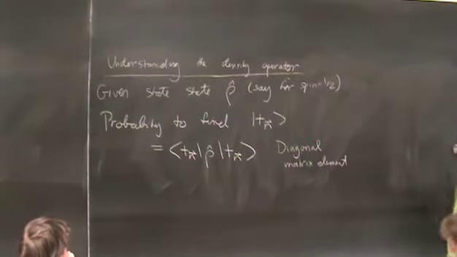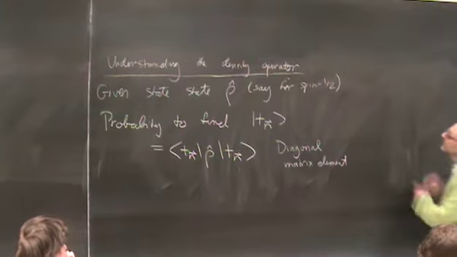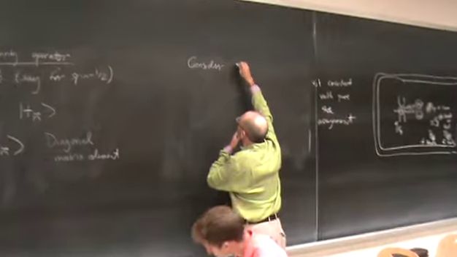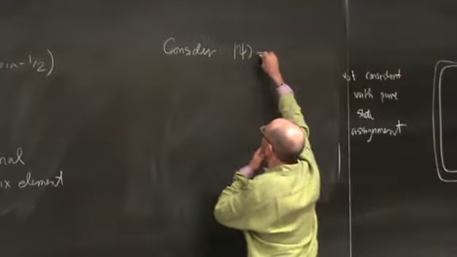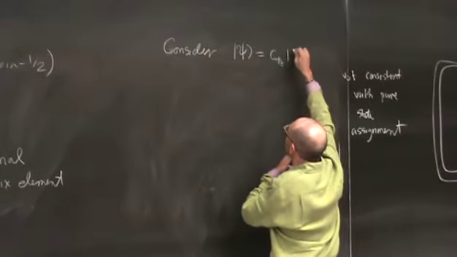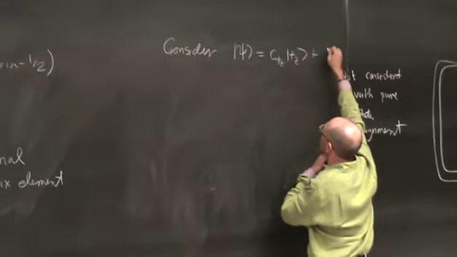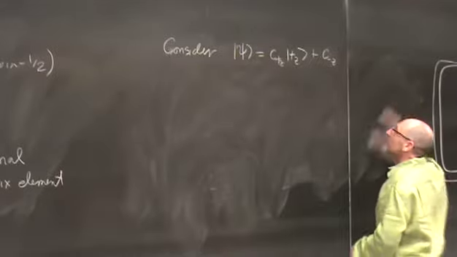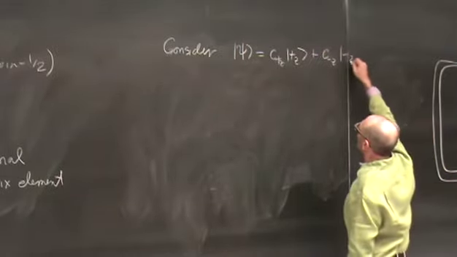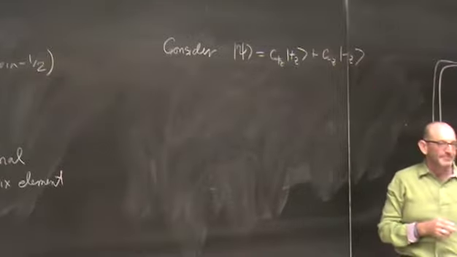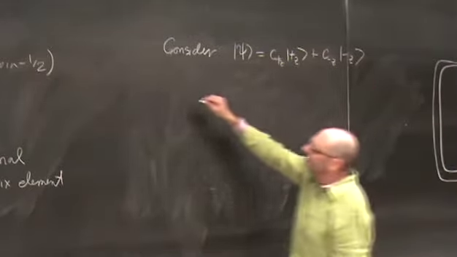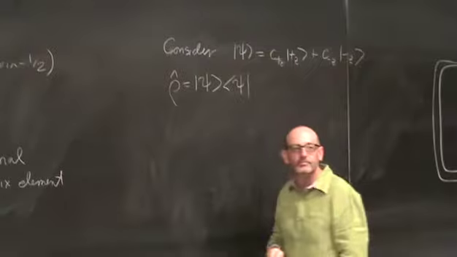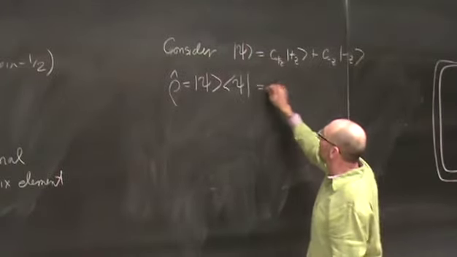Well, let's take a look at a pure state. Consider the state, let's say we have a state which I'll write as a ket, which is some superposition of up and down. An arbitrary pure state is of that sort, right? And let's write it as a density operator. So now we just have to plug it in.